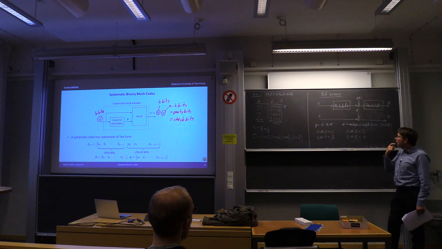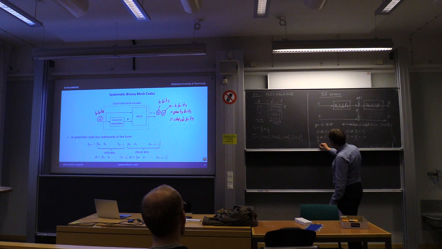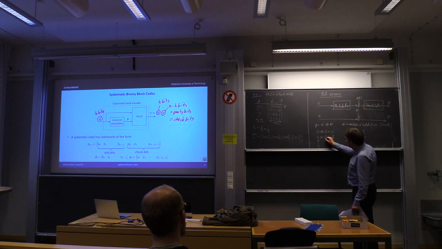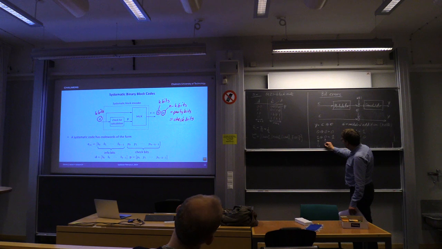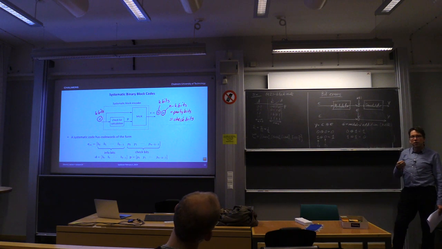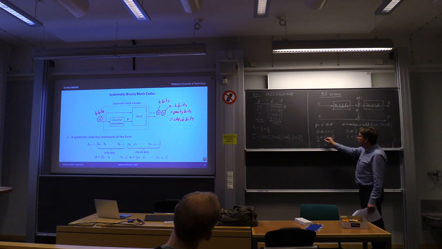Now, we see here that if this corresponds to a code bit, say C0 for the first bit, and this is the error pattern's first bit, then when the error pattern bit is 0, the output is equal to the input. Right?